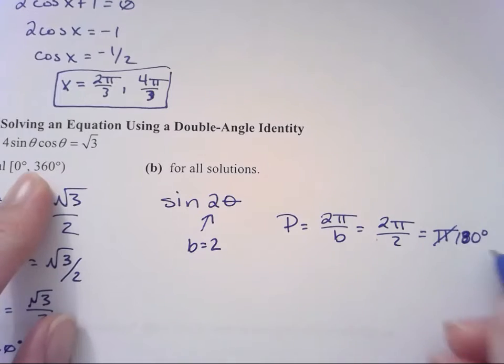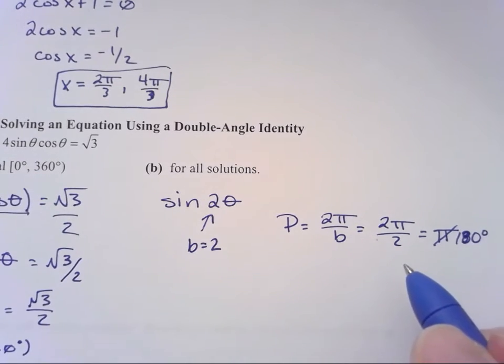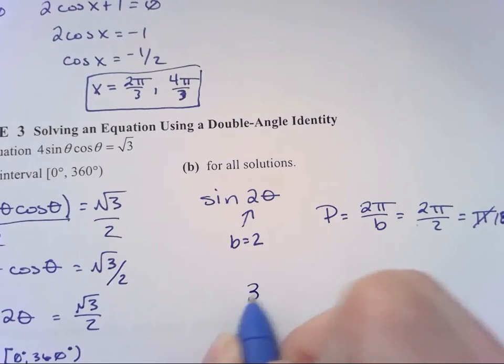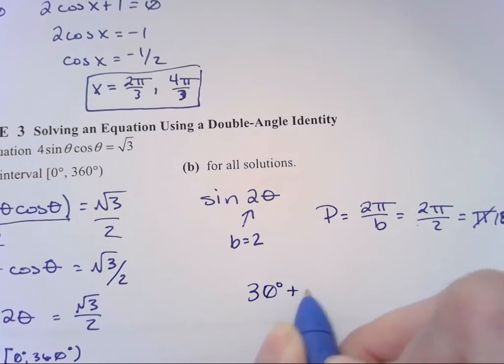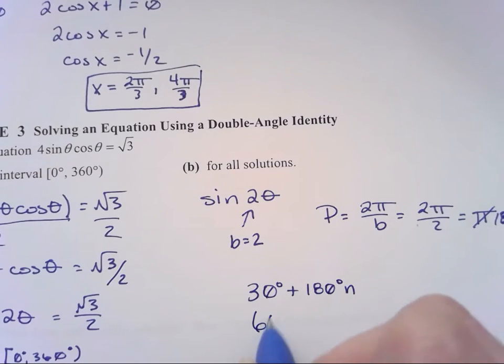So this function repeats every 180 degrees. So I take these two basic answers and repeat them every 180 degrees. And we do that by adding integer multiples of 180.